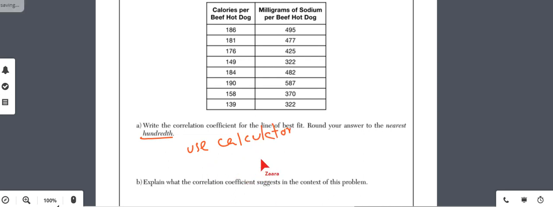Use the calculator and just try to find the correlation coefficient. Do it quickly. I'm also doing it. You also try.